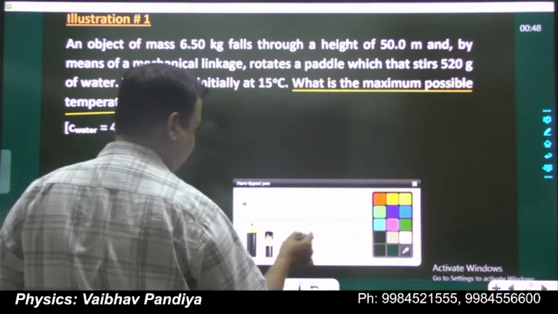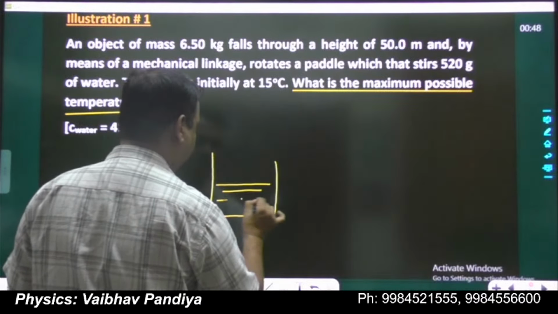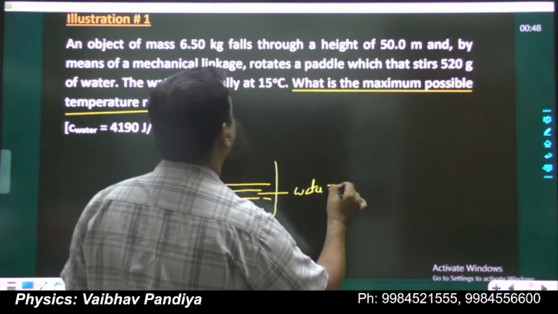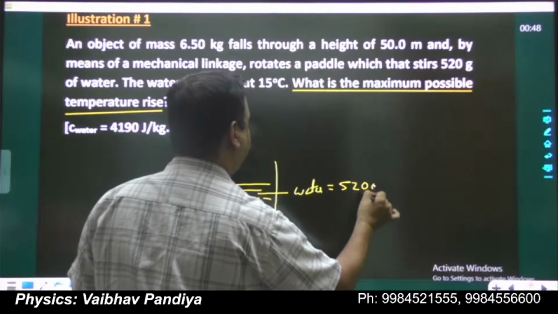Okay. So basically, we have water, 520 gram.